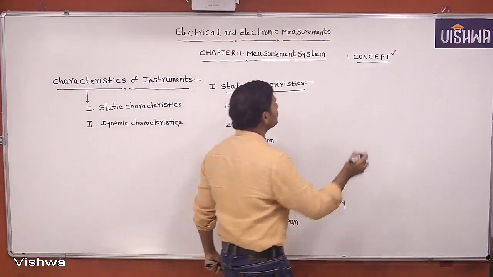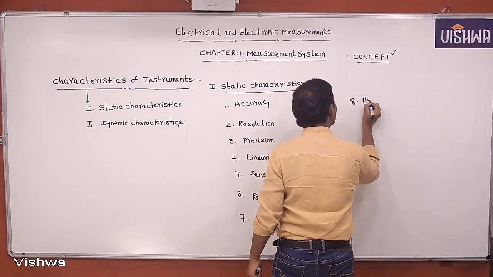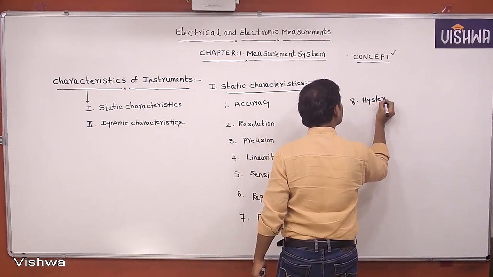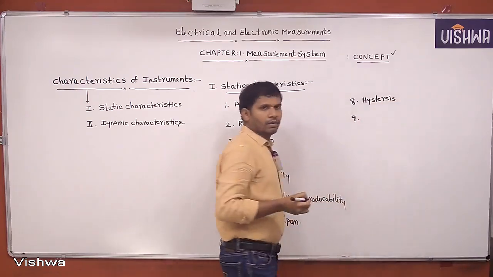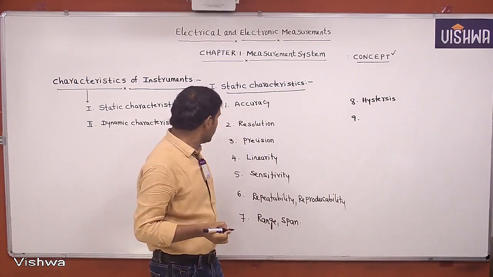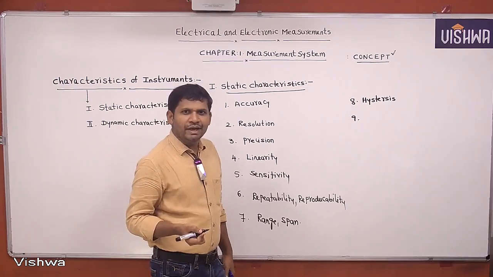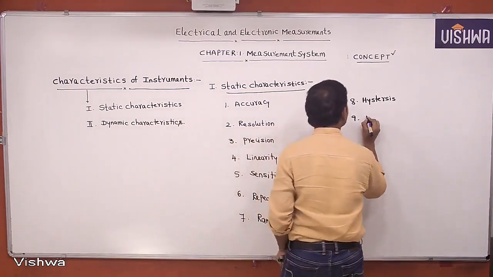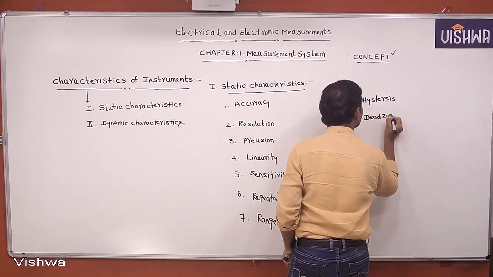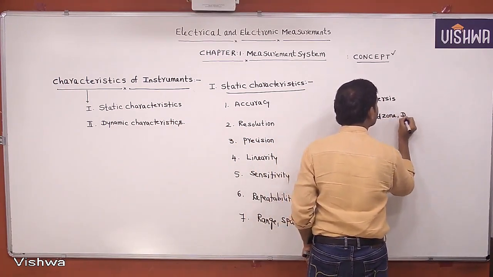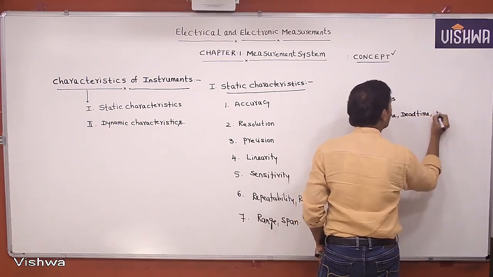Then the eighth one is hysteresis of instrument. The ninth characteristic is dead zone, dead time and threshold.